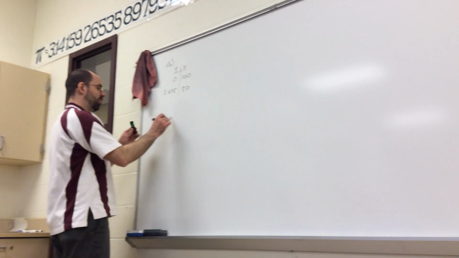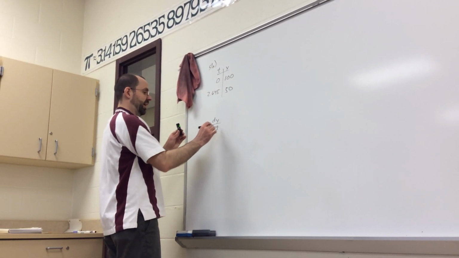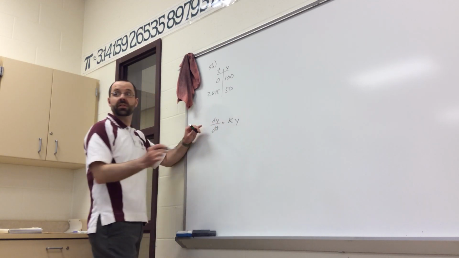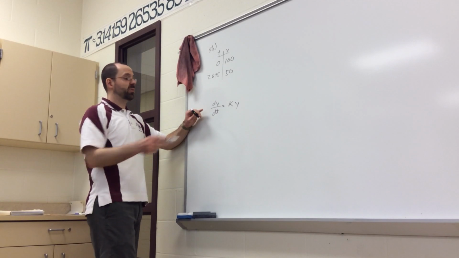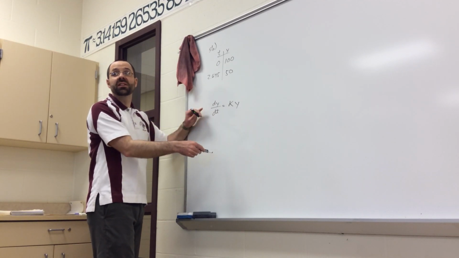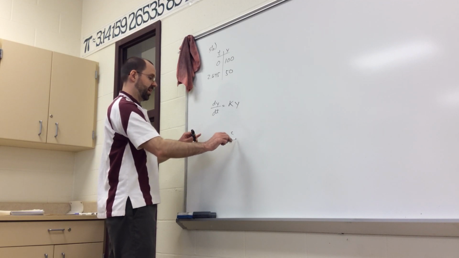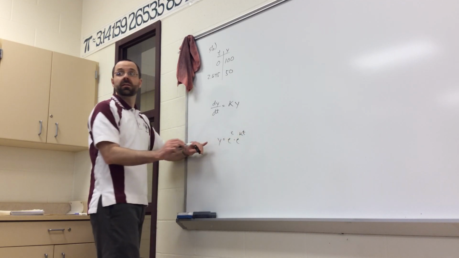Okay, now also, since it's a half-life problem, you know that the growth rate is proportional to the amount. And we've separated the variables enough on this thing that we know that y is going to come out to e to the c times e to the kt.